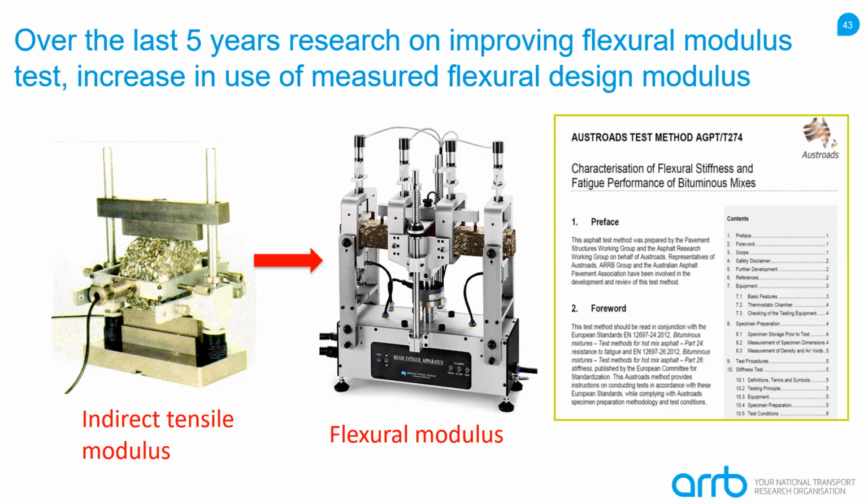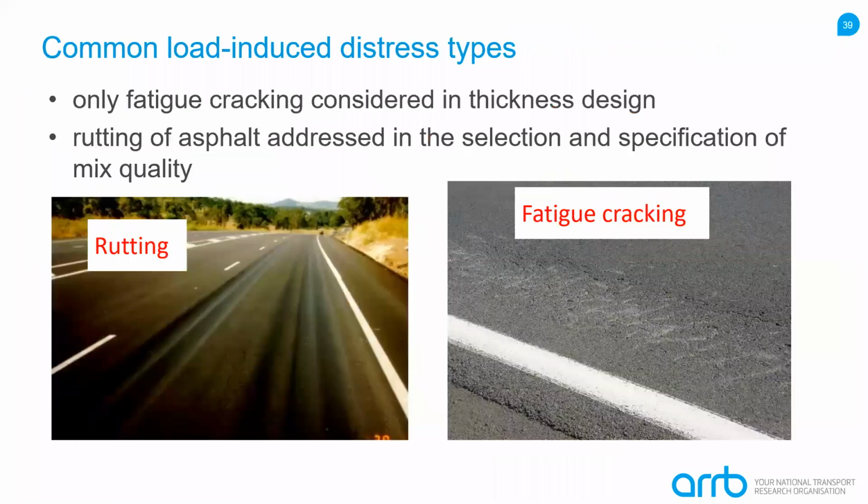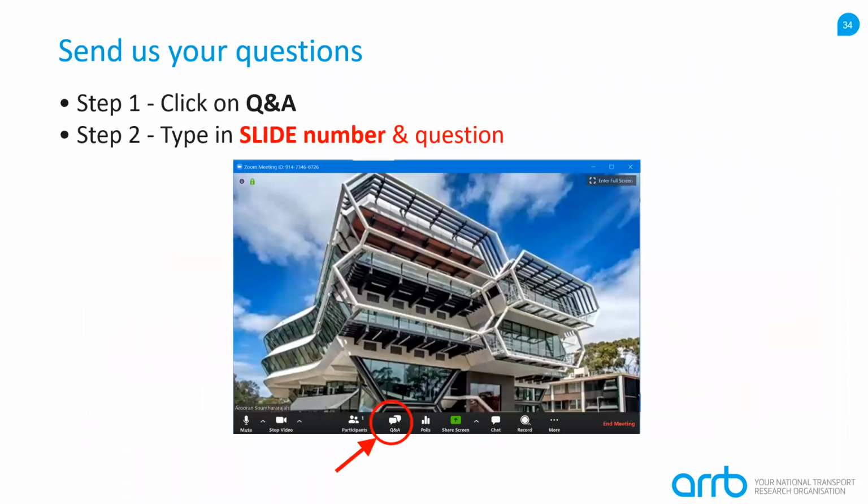The higher the beam size, the lower the fatigue life for a given stress level. And I was just wondering whether this has been taken into account when we design pavement thicknesses from 550 millimeter to 400 millimeter using the same fatigue equation.